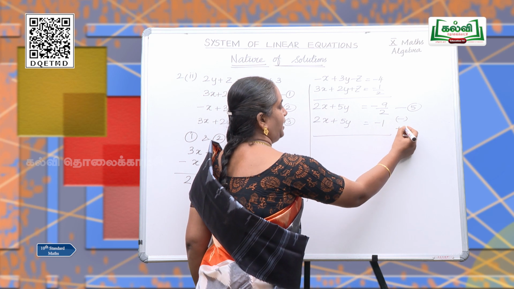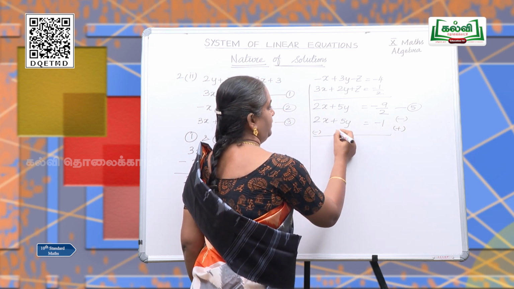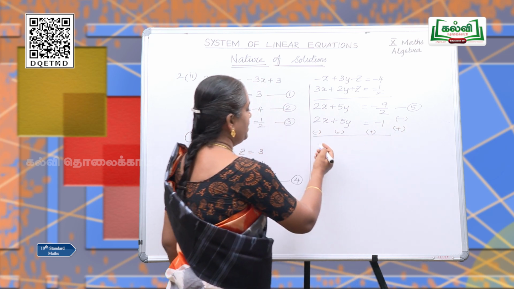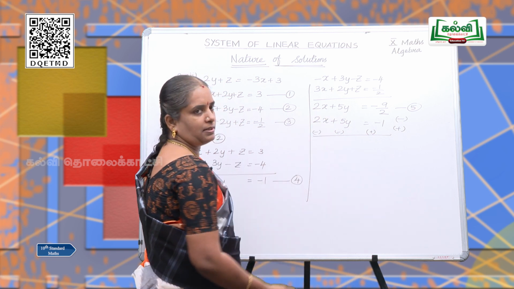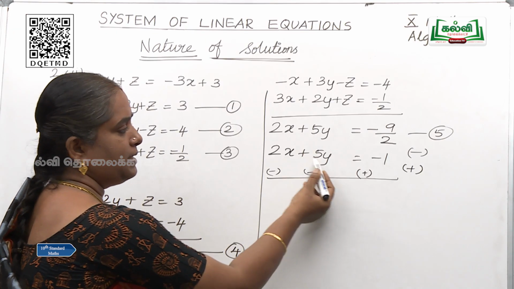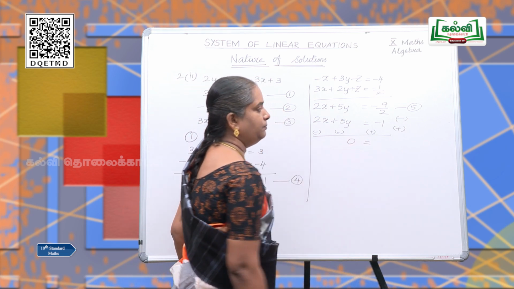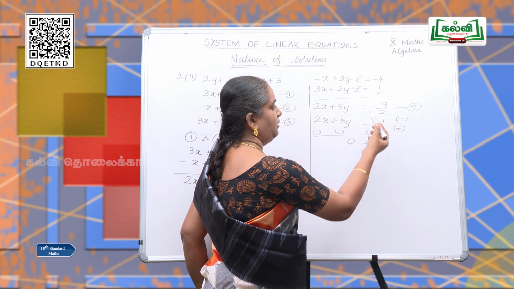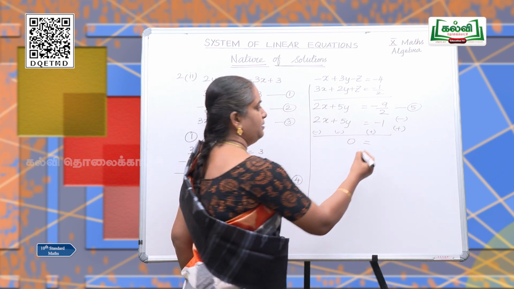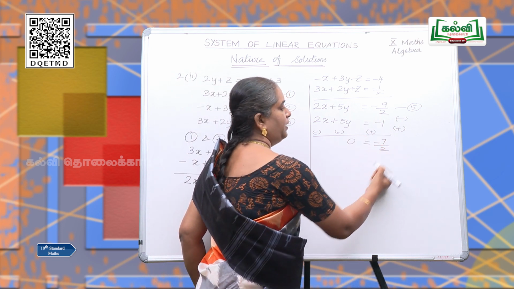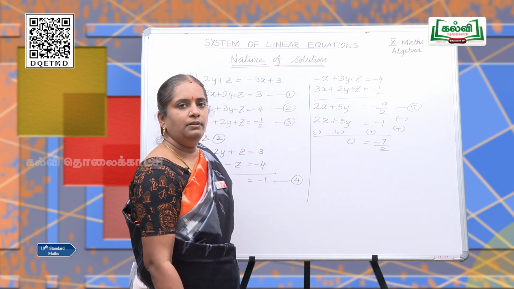Subtraction is nothing but adding the additive inverse. So, add the additive inverse. 2x minus 2x is 0, 5y minus 5y is also 0. So 0 plus 0 is 0, and here minus 9 by 2 plus 1 is minus 7 by 2, which is not a true statement.